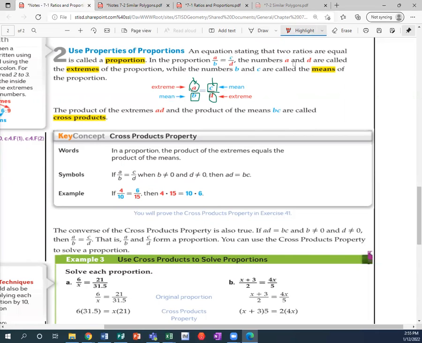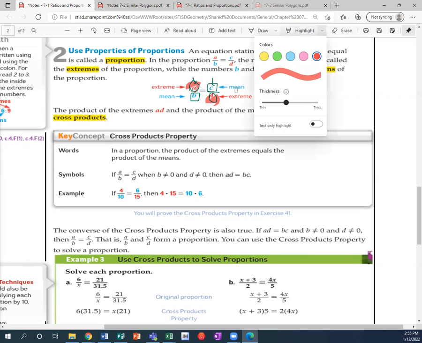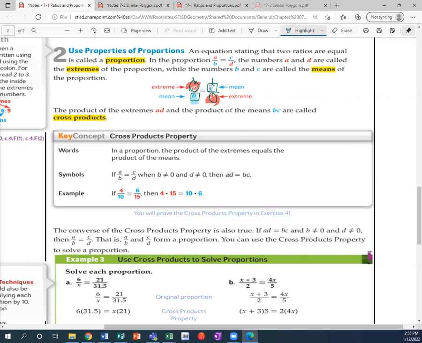Now, the neat thing, and the thing that you're probably already familiar with, is that if we multiply the extremes and we multiply the means, we'll end up with something called the cross product. And this is where that whole cross multiply and solve comes from.